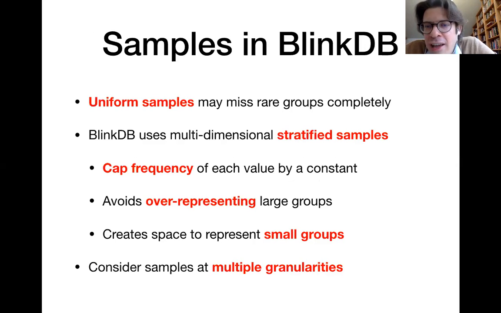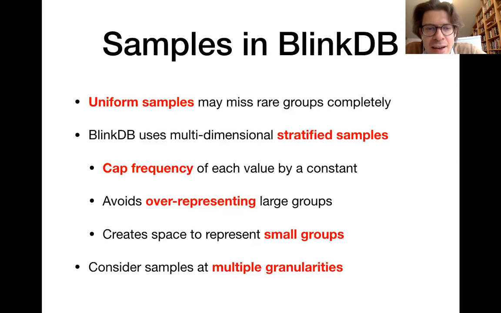If we create those samples uniformly, we might miss rare groups completely, because if one group only appears in a few rows, but we have a large data set, then taking a uniform sample will probably miss all of those rows together.